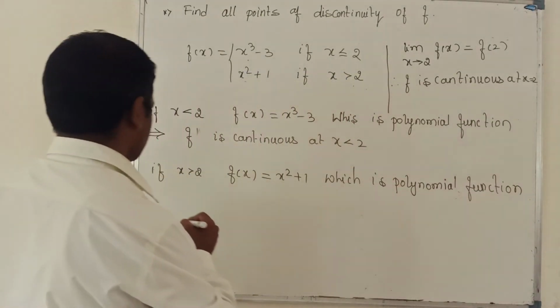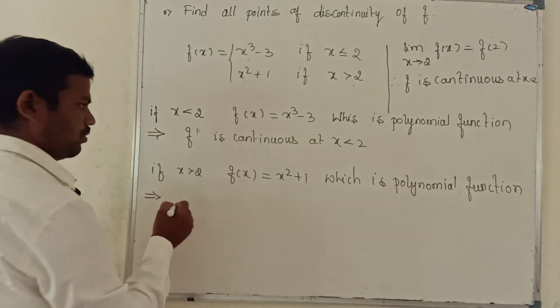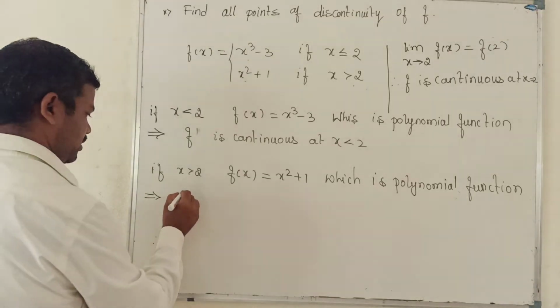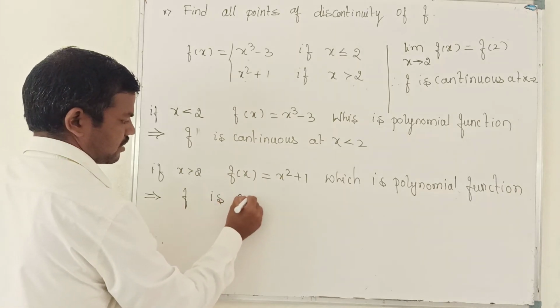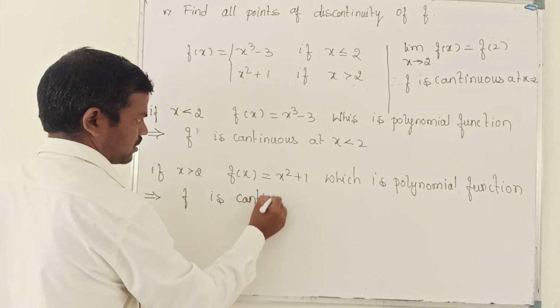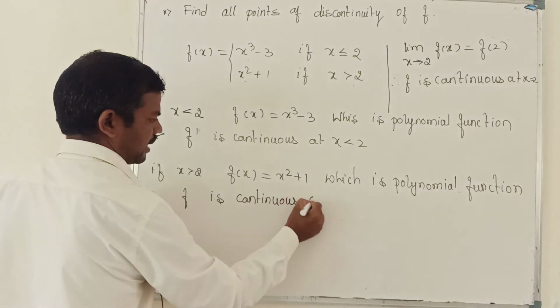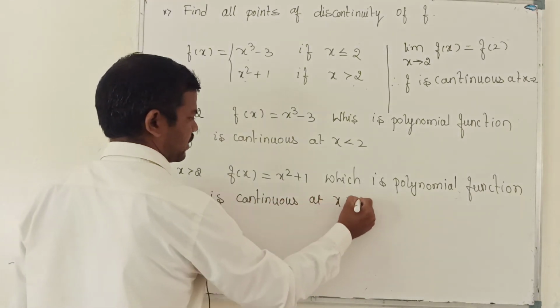So we know that every polynomial function is continuous. It implies that f is continuous at x greater than 2.